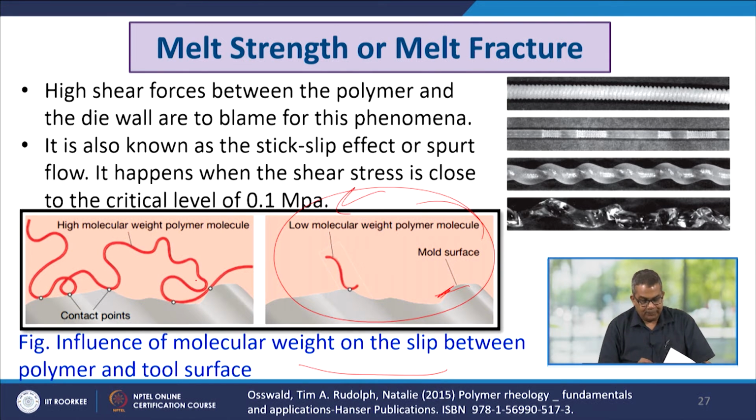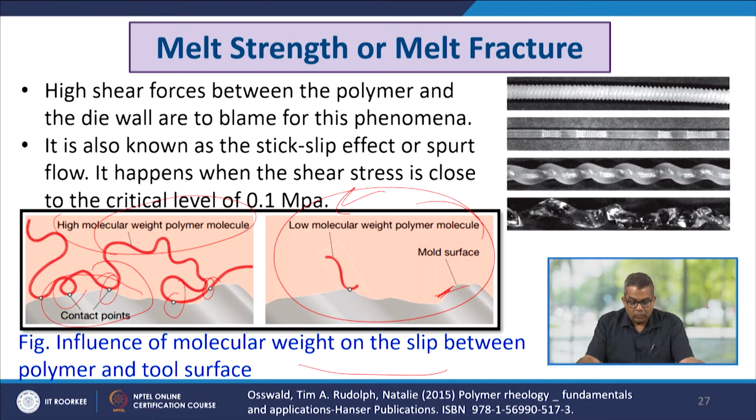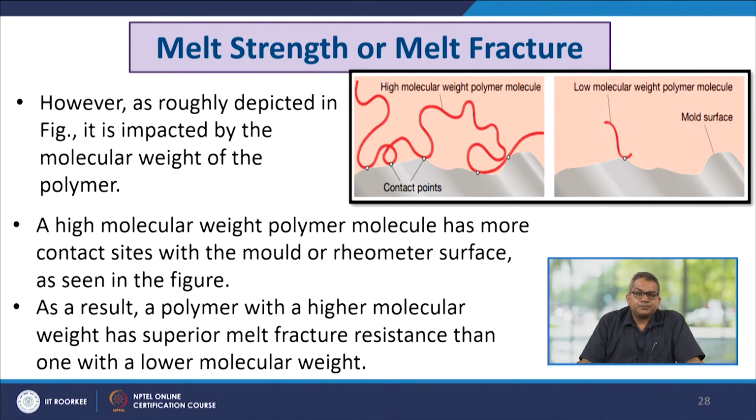And similarly, you see that these are the contact points. So this is the high molecular weight polymer molecule, and the contact points are more compared to the low molecular weight polymer molecules. As roughly depicted in this figure, a high molecular weight polymer molecule has more contact sites on the surface.